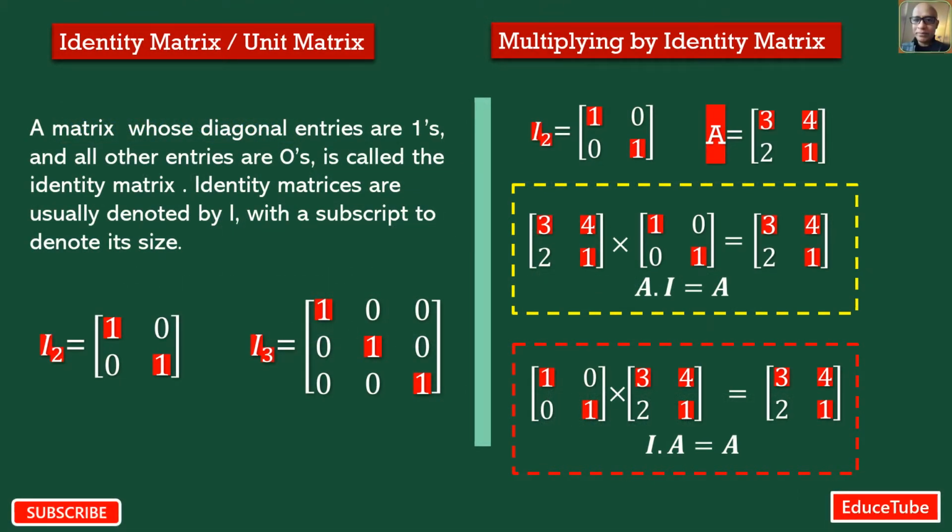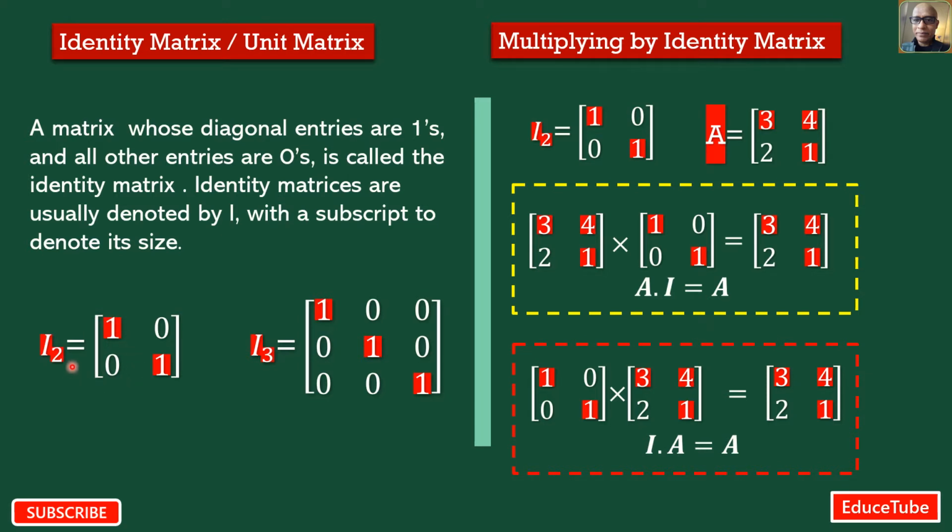So what is an identity matrix or unit matrix? Actually, it is a matrix whose diagonal entries are 1, we can see it here, and all other entries are 0. Here you can see 0 and 0. The diagonal is 1.